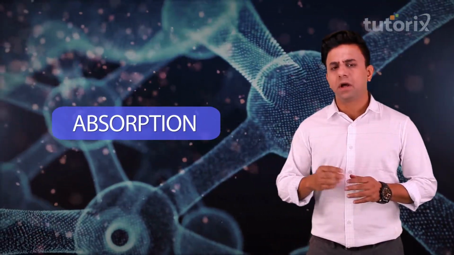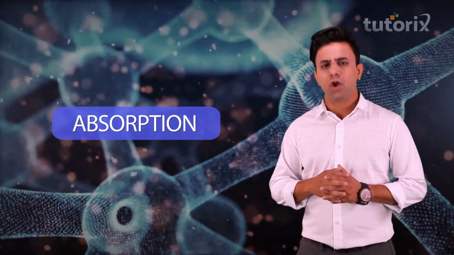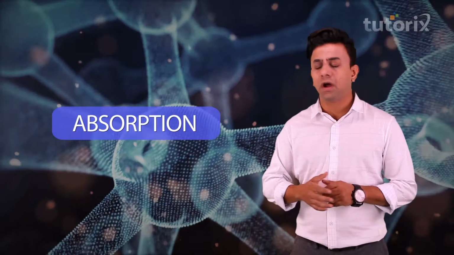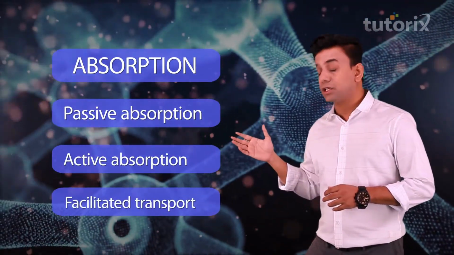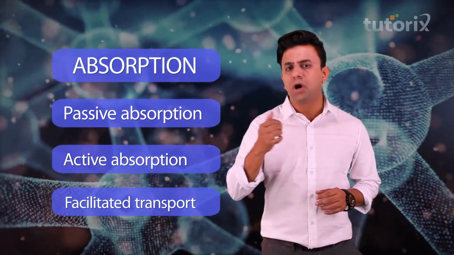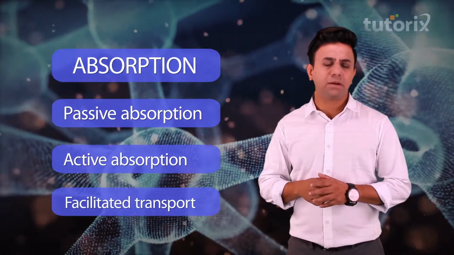Absorption takes place by three processes when we are talking about the food molecules. These three processes are passive absorption, active absorption, and facilitated transport. Let us talk about all of these in a little detail.